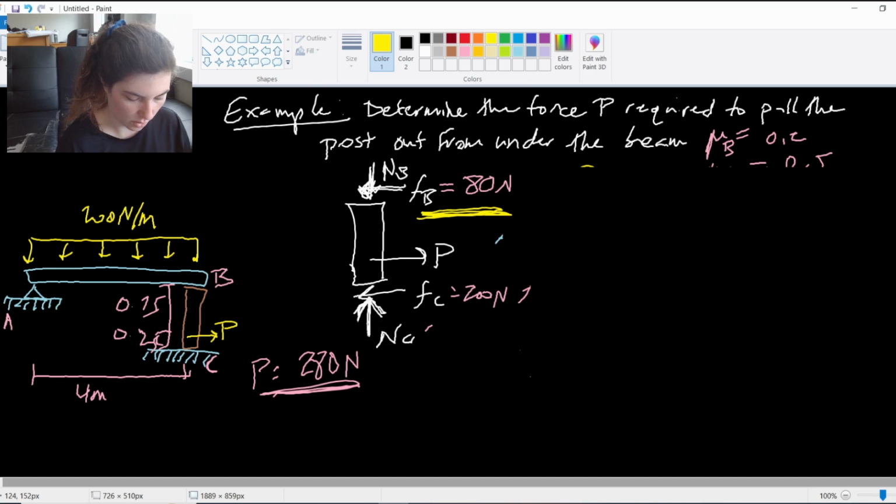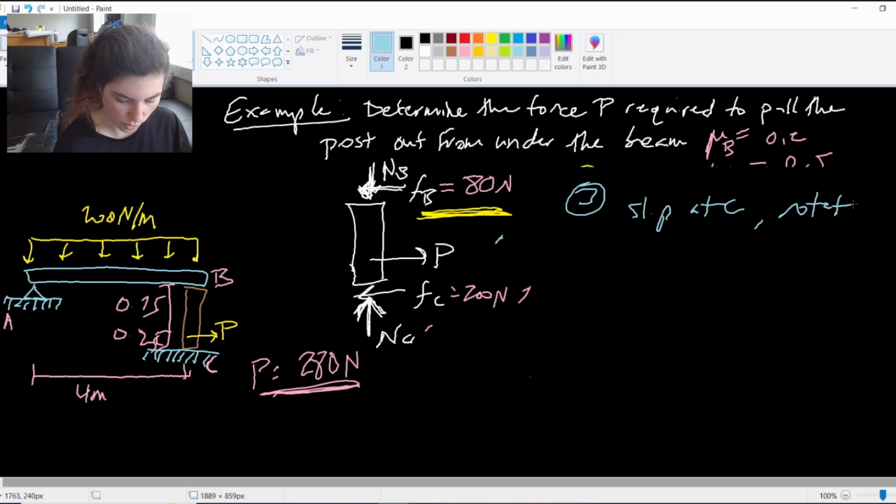And that is our, another color, maybe blue, 3 is slip at C, rotate at B. And so in this case, my FC is the one that I'm going to be using. That's the slip condition.